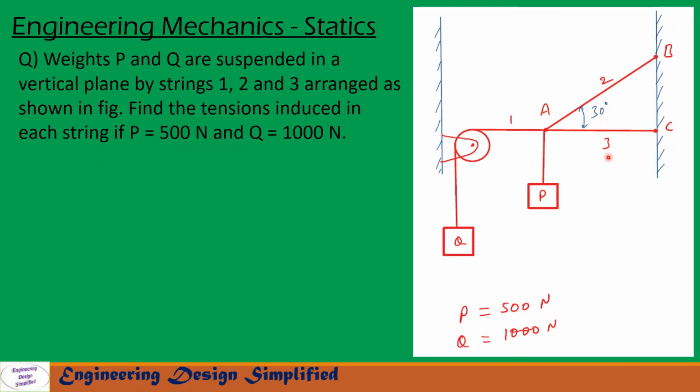Angle between 2 and 3 is 30 degrees, and at point A, P is suspended downwards. P is given 500 Newtons, and at this point, weight Q of 1000 Newton is suspended like this as shown in figure. In this problem, we need to find tensions in 1, 2 and 3. Let us see in the coming slides how to solve this problem.